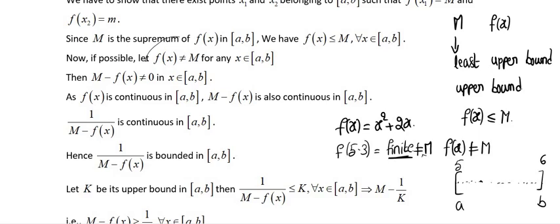Let k be an upper bound of this function in the closed interval [a, b]. Upper bound means it must satisfy function less than or equal to upper bound. Here the function is 1 by M minus f of x, less than or equal to k. That's why we get this condition.